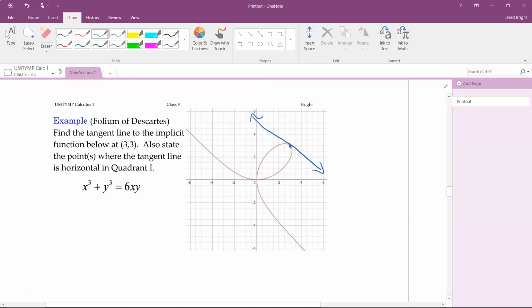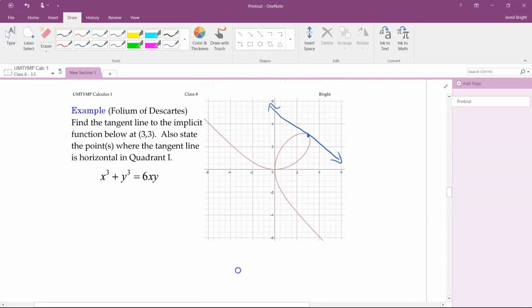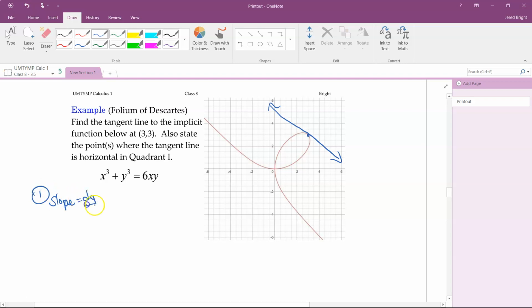To engage in this process, I have the point for the tangent line. I need the slope. Well, the slope is dy/dx. So I need to find the slope, and I'm just going to write this as my goal, which is dy/dx.